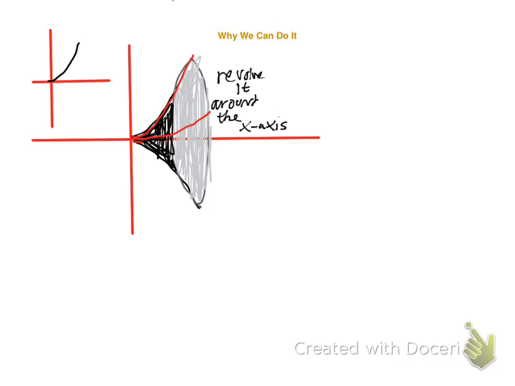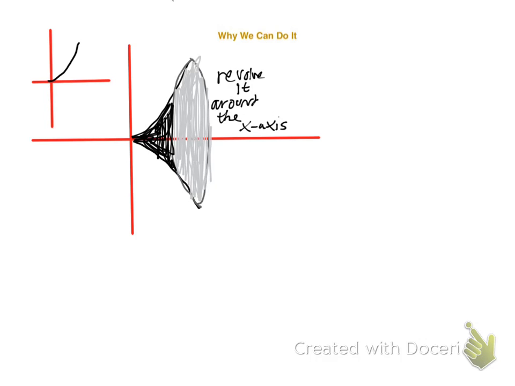Then right below the x-axis you get another one in the same plane, and you get all these different places where the parabola is. When you put them all together, we have this megaphone shape, so to speak.